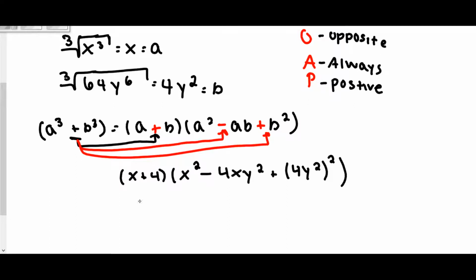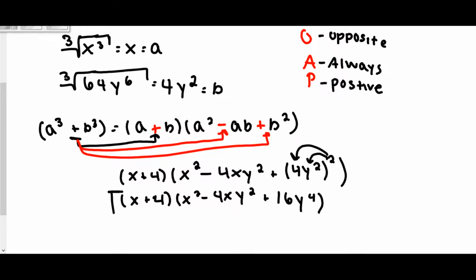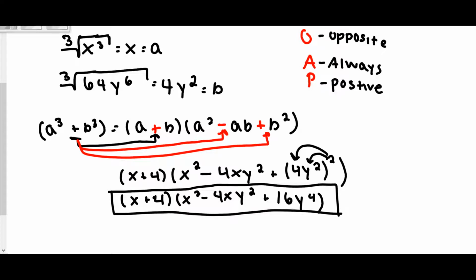I wrote it like that because a lot of the times we all make the same mistake when we're doing this question, and we think that 4y squared squared is 4y to the 4th, but you have to distribute your square. You're squaring the 4 and you're squaring the variable. So it's actually 16y to the 4th. And that's it. That is factored completely.